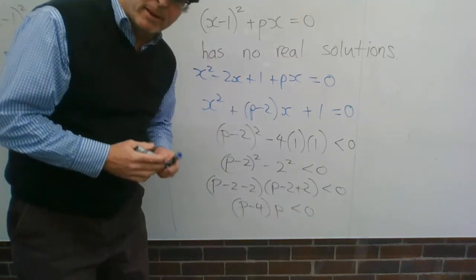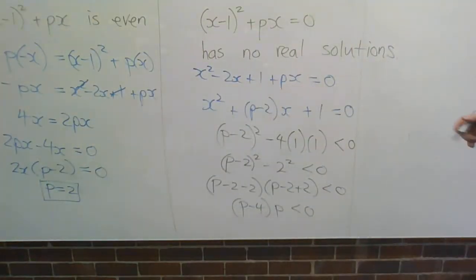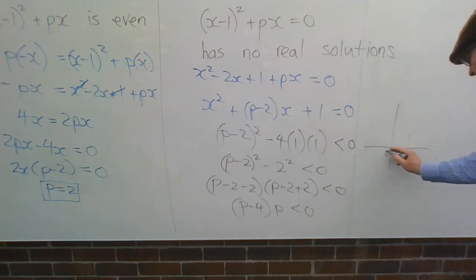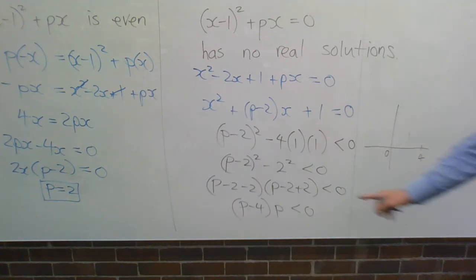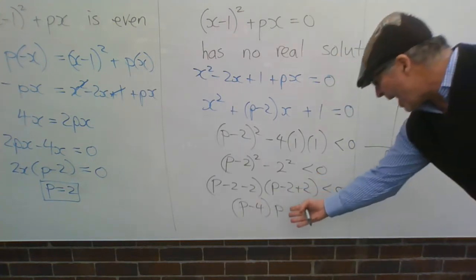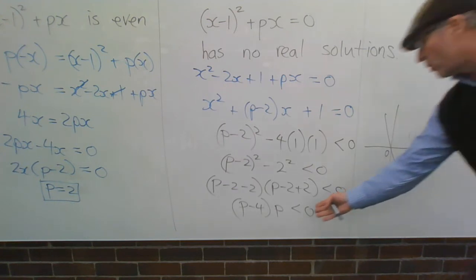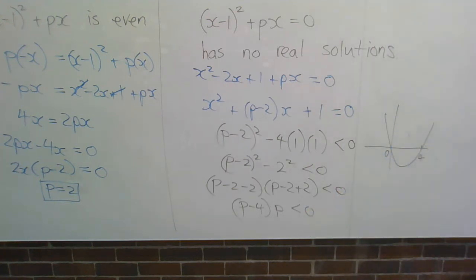Now the way that we've been solving those is to draw up a little picture. That's where it equals 0 and where it equals 4. It's a happy parabola. And we've been asked, where is it less than 0? Well, between 0 and 4.